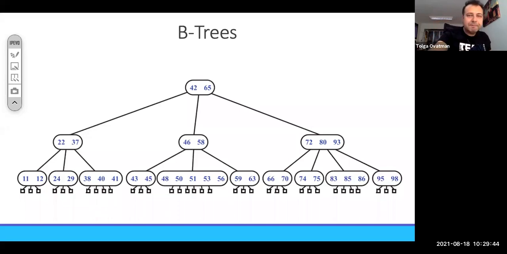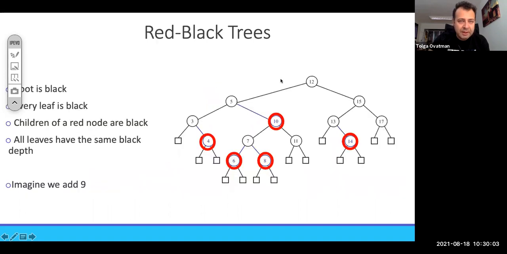All right. So now the red-black trees are actually a different representation of a 2-4 tree. So what you do is, instead of holding multiple elements in a node, you mark your nodes with either red or black.